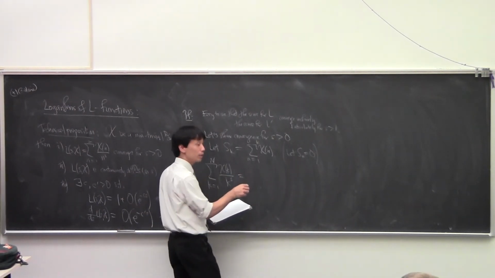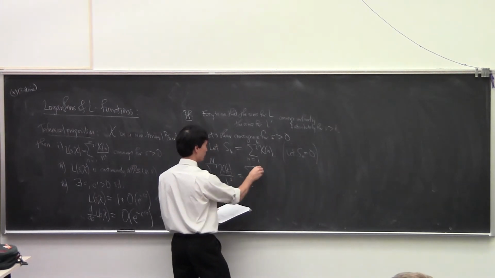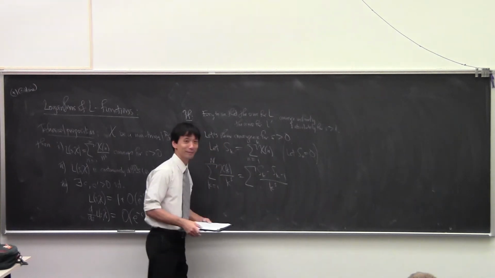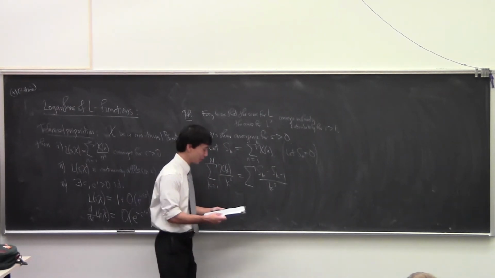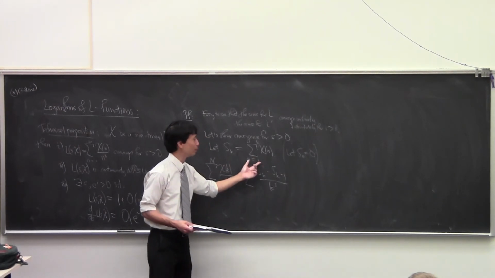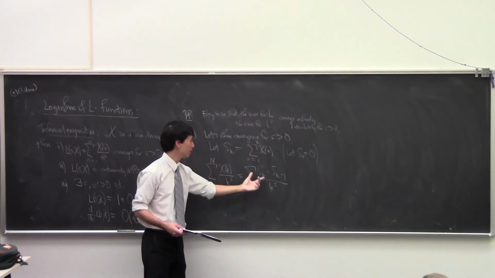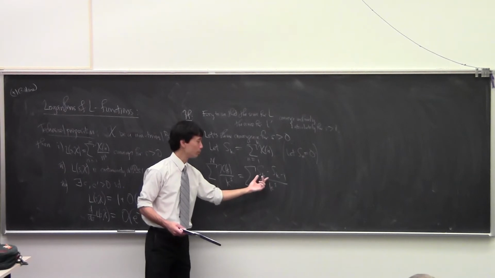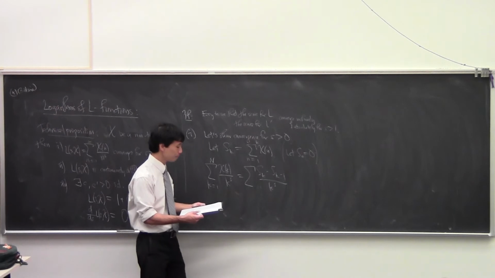Okay, so here's what we do. We do something very simple. We rewrite this as S_k minus S_{k-1}. Nothing is happening. This is the sum from 1 to k. We subtract the sum from 1 to k minus 1. That gives us the top term. We express the top term as the difference of this sum minus the sum right before, the one that ends right before the top term.